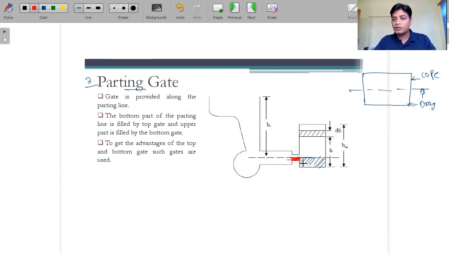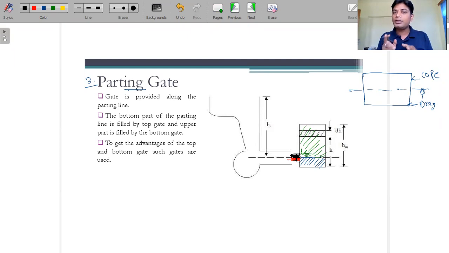This blue material is completely filled by the red area, and this green volume is completely filled by the black one.